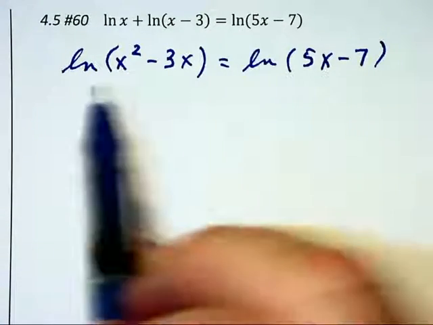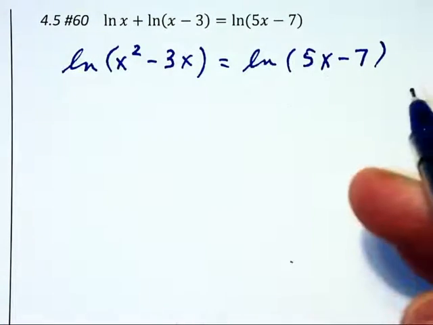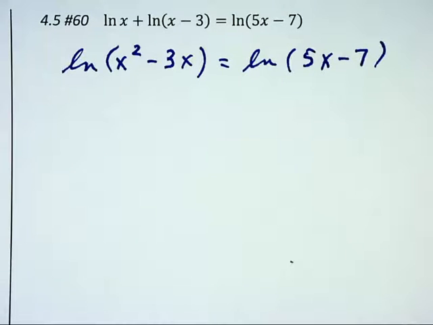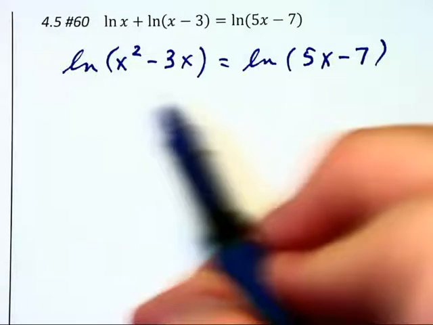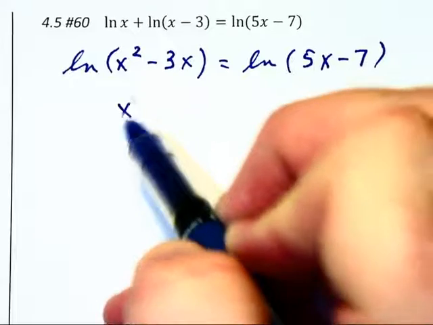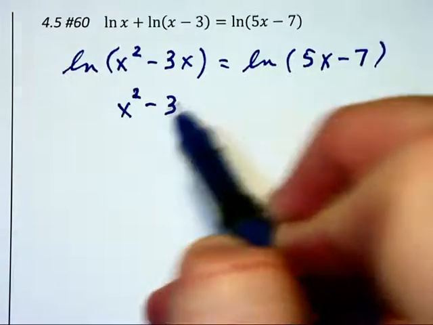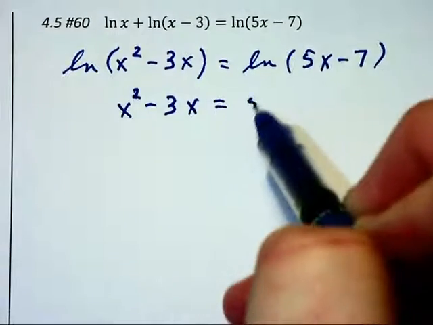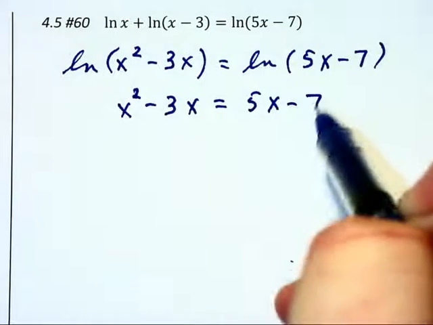And since we have natural log of something equals natural log of something, log equals log, we can essentially anti-log each side, removing the logs, giving us x squared minus 3x is equal to 5x minus 7.